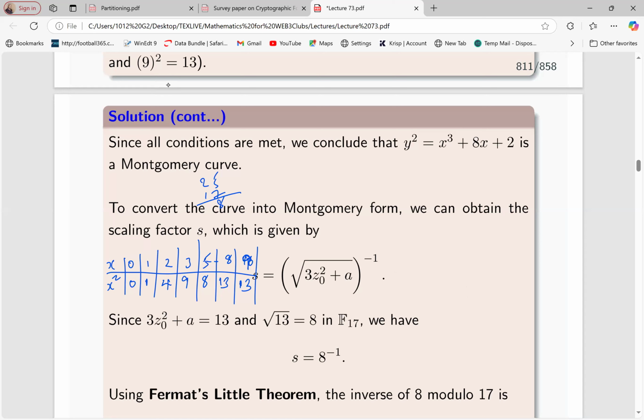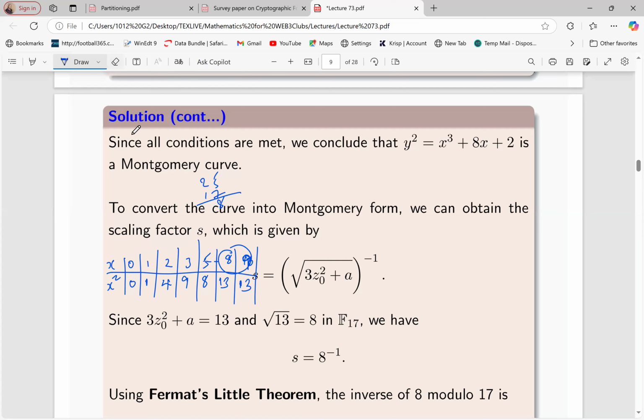So 9 square is 13. Let me confirm 8 square. 8 square is 64. Divided by 17, it goes there 3 times. The remainder is 13. So these 2 numbers are the square roots of 13.